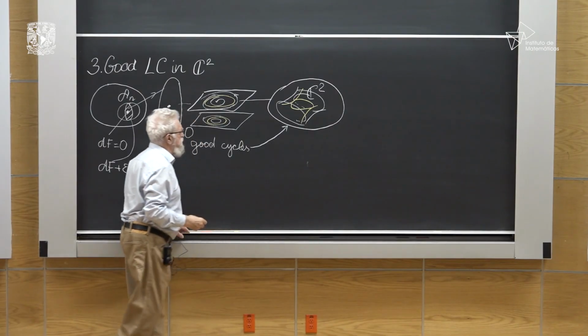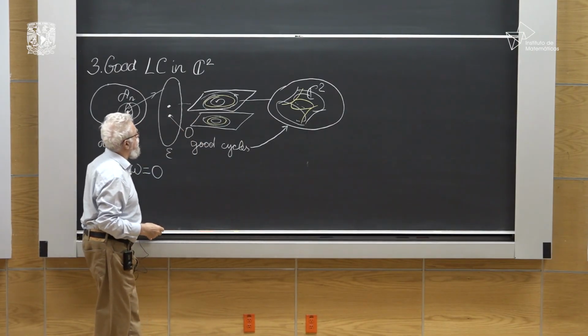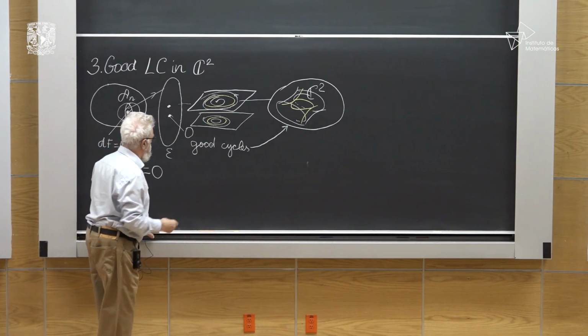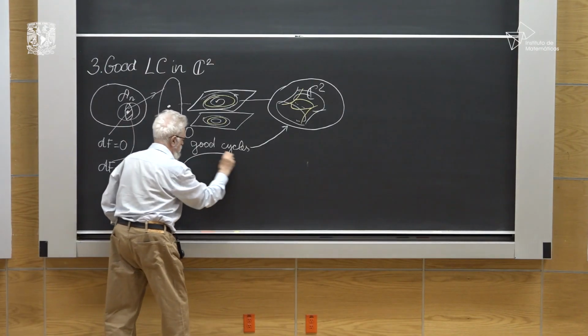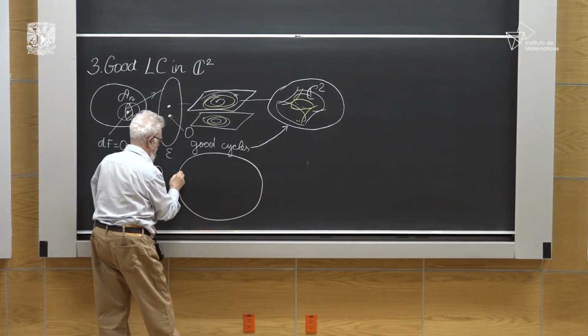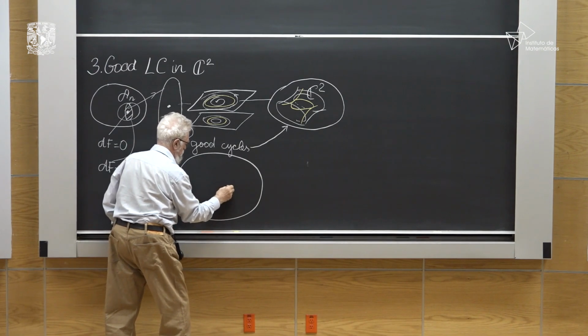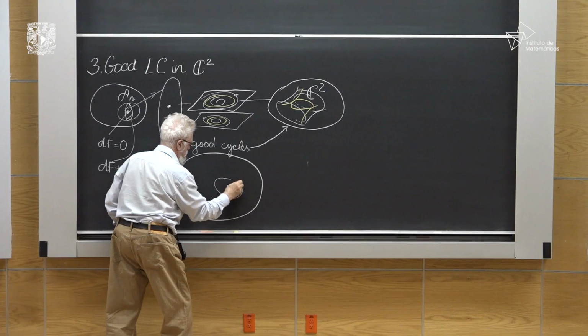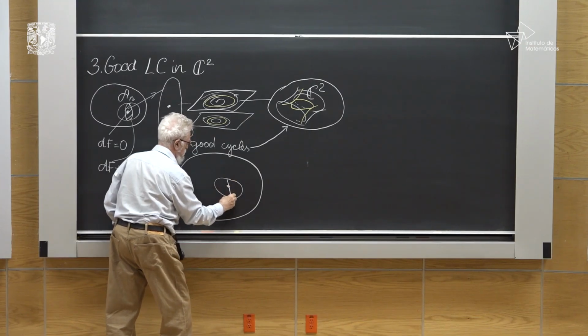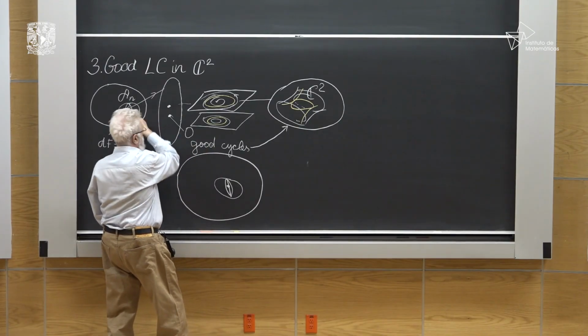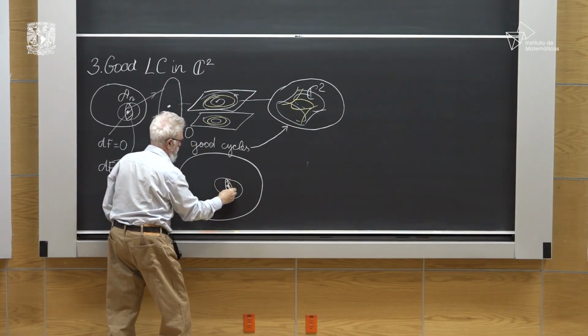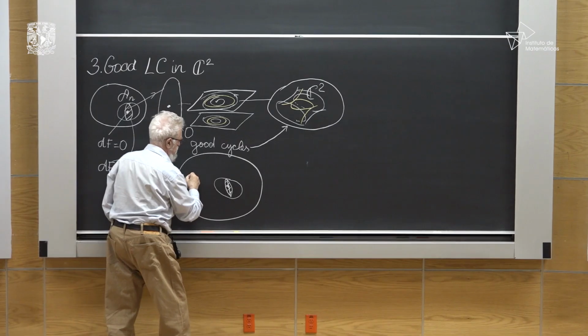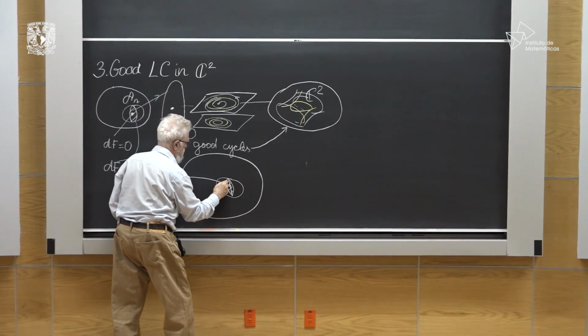Let us turn back to our picture. I reproduce it. Here is our family. Cycles come to this neighborhood.